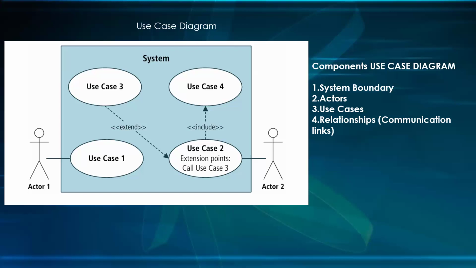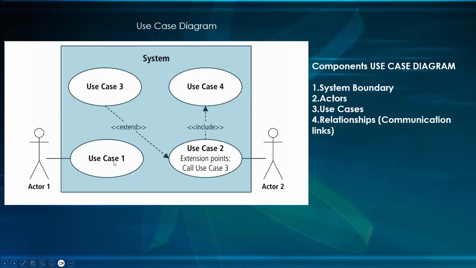Now, what is the system? Who is going to be using the system? That's what we're talking about with the actors. The actors are usually represented by this stick figure. You can see them, actor 1, actor 2. The rectangle box represents the system.